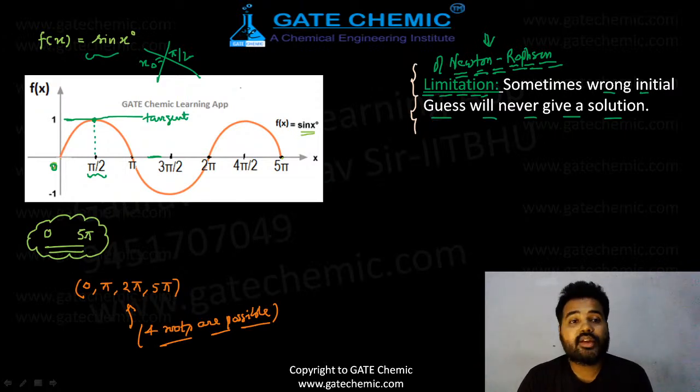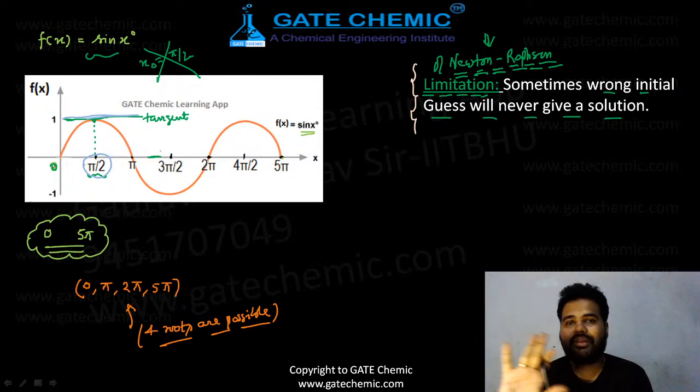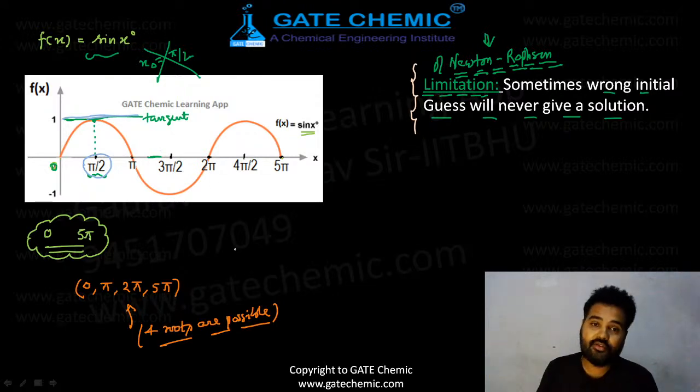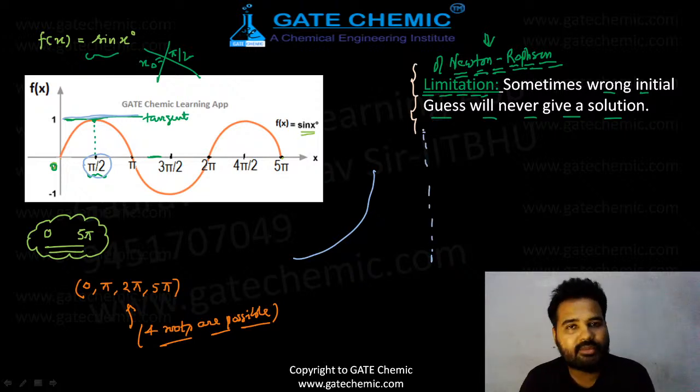And also the Newton-Raphson method limitation: if you take an initial guess wrong, its tangent never comes on this axis. That means you will never get the answer and the Newton-Raphson method will fail. And second, if your graph looks like this and you take the initial approximation here, then it never falls on this f(x). Again your Newton-Raphson method will fail.